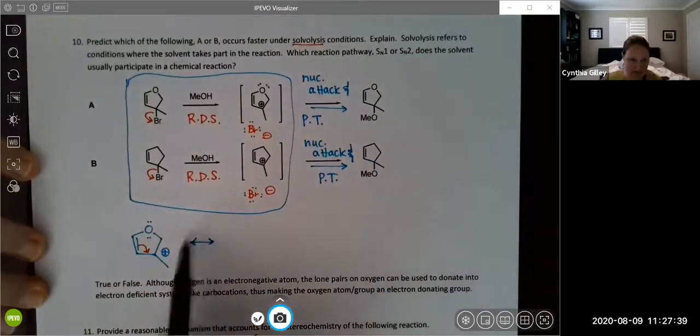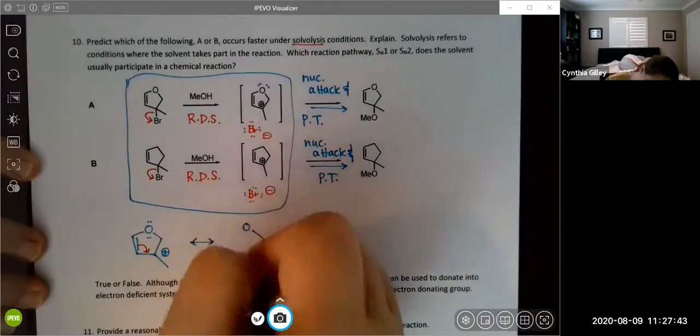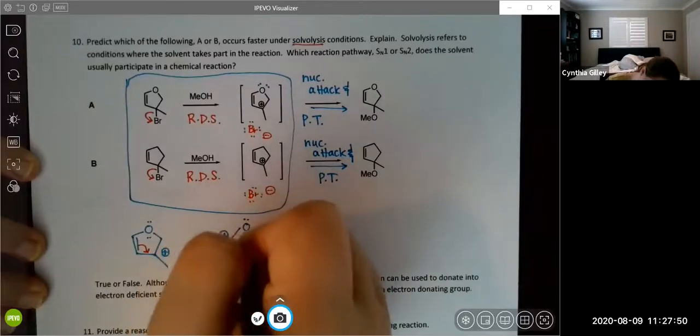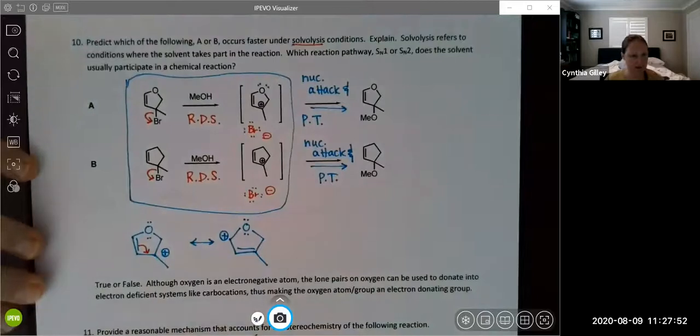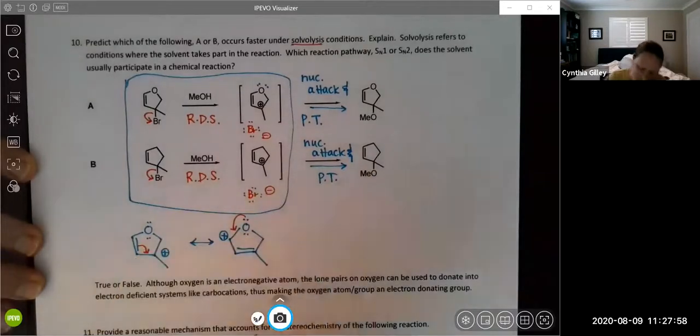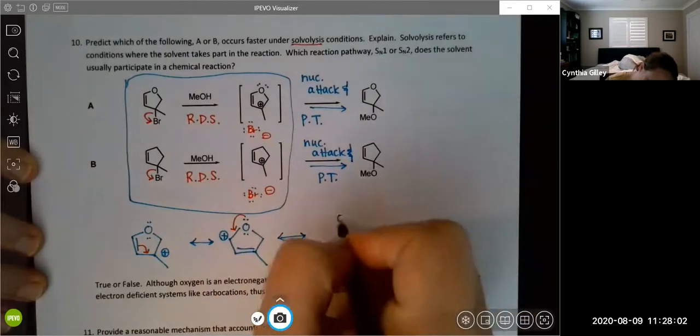Notice the resonance arrow, so I am drawing resonance contributors. Now the positive charge has moved over. Now we have a lone pair adjacent to a positive charge to get the last resonance contributor.